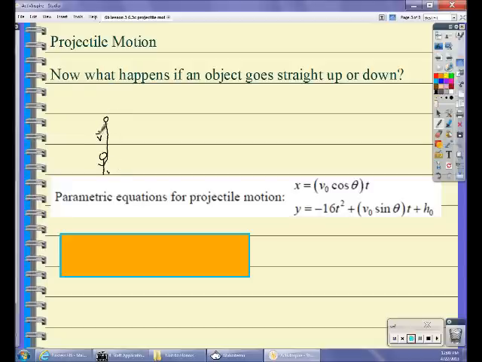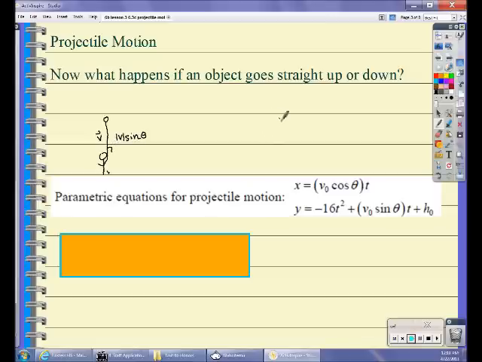That's your vector. You notice that we have a vertical component, so we still have our absolute value of v sine theta, but do we have a horizontal component? No, because our angle's 90 degrees.